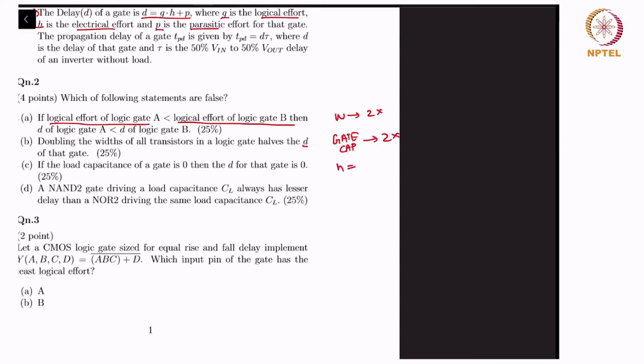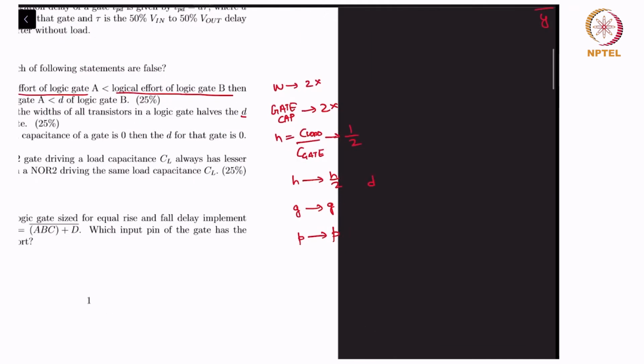So therefore H, the electrical effort, C gate by C load, becomes H by 2. But just because H becomes H by 2, and of course G doesn't change with width, P also doesn't change with width, right? So therefore it's not necessary that D becomes D by 2, because G and P are unchanged. So it's going to be H by 2 G plus P is the new value of D, right?